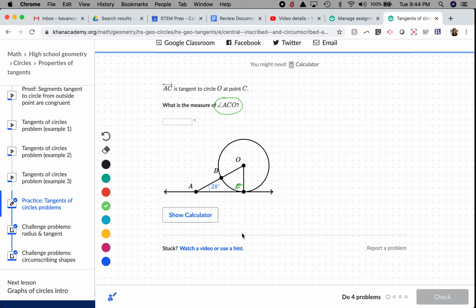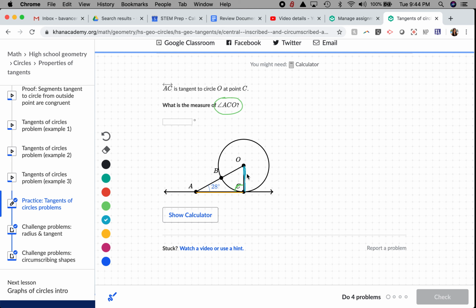Now, what do we see in this angle? I see that this angle is from a tangent line intersecting a radius.